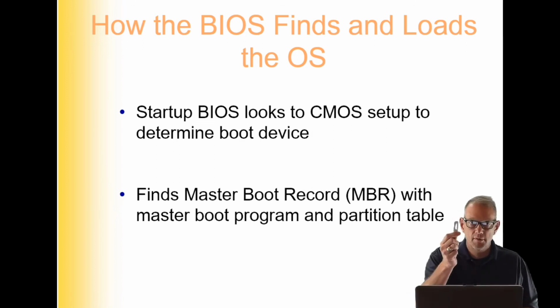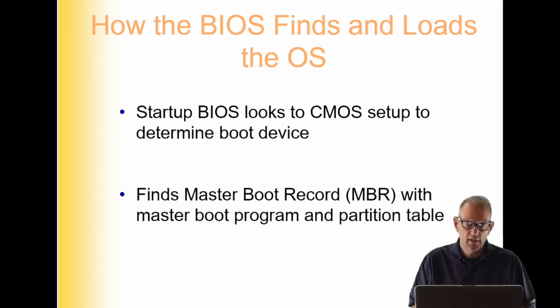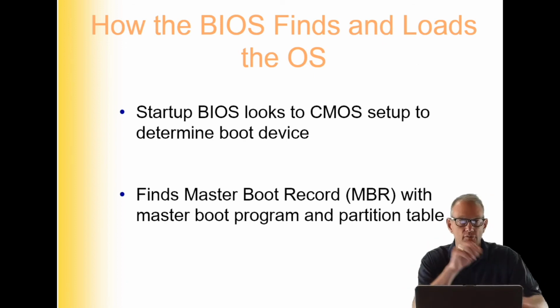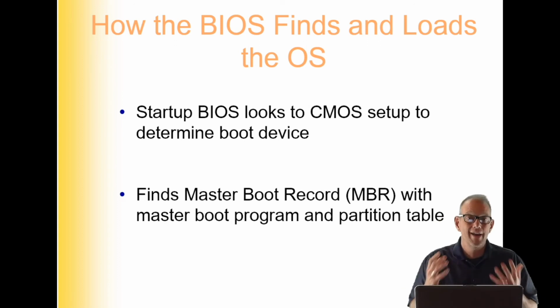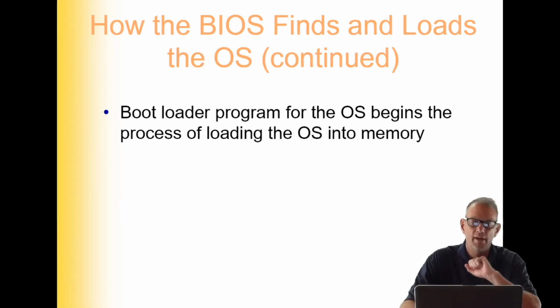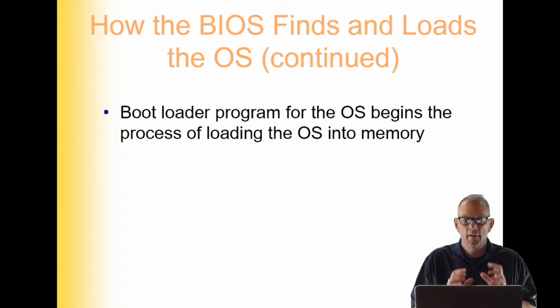If you say it's going to be a flash drive, then a boot record has to be on this flash drive, that you've set it up that way, or wherever you want it to boot from. So it's real important that we set it up in the order that's best for us. So it looks for that boot record, then it finds the operating system and it loads it into memory.